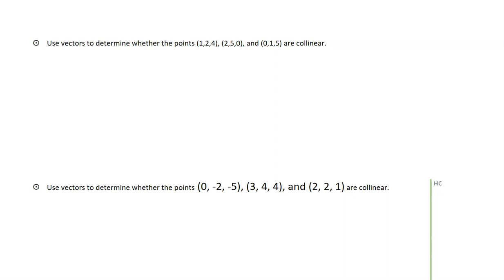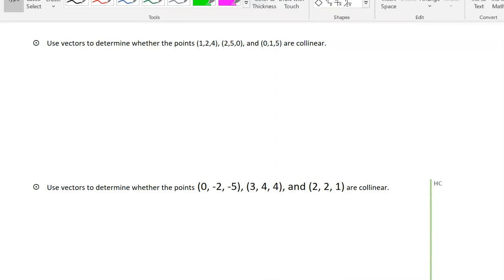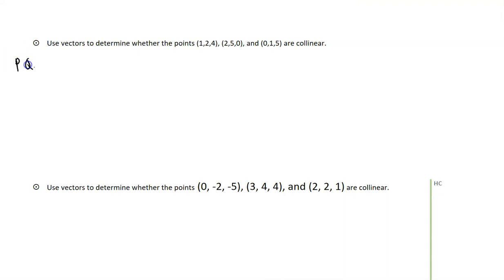So I'm going to first find the vector PQ1, and we'll call these P, Q1, and Q2. So this would be 2 minus 1, 5 minus 2, and 0 minus 4, which would be 1, 3, negative 4.